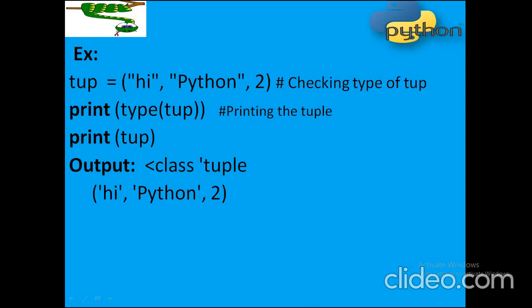It is going to identify the class of this data type. The output is class tuple, and the string is displayed as it is.